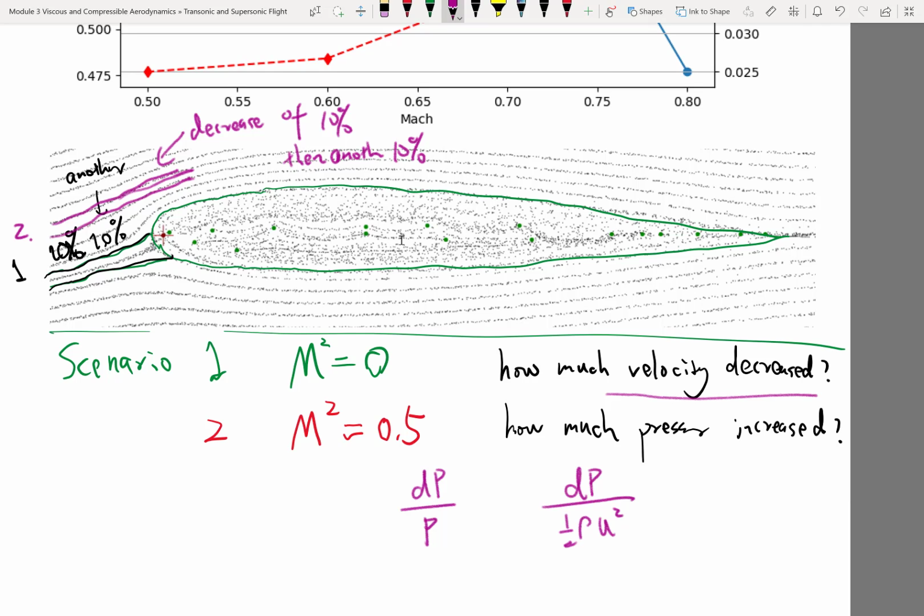Now, let's take the argument to its extreme point. Think about what happens when the Mach number is equal to 1, right?